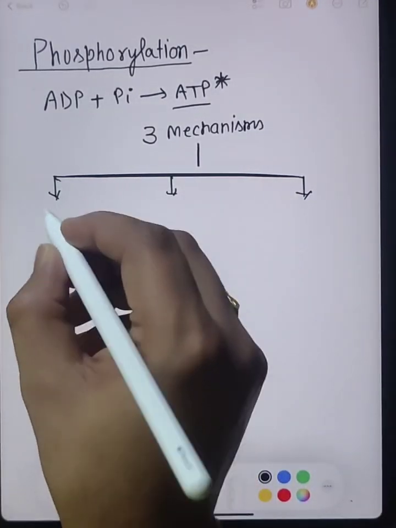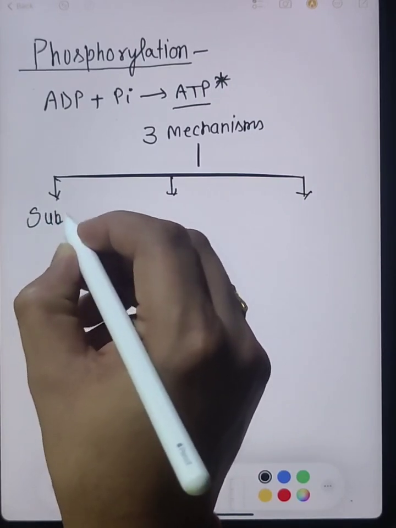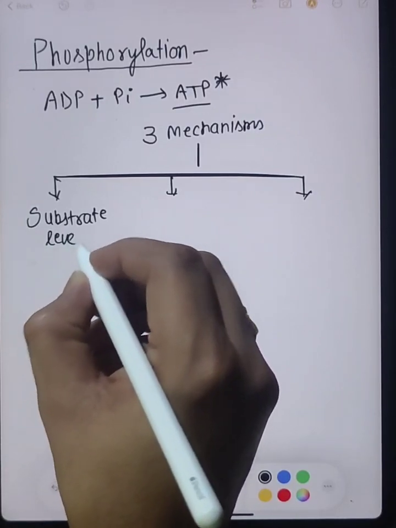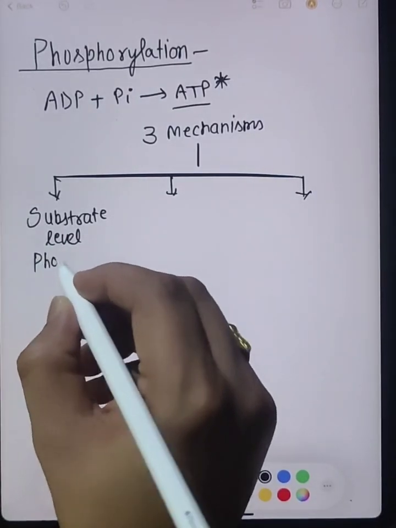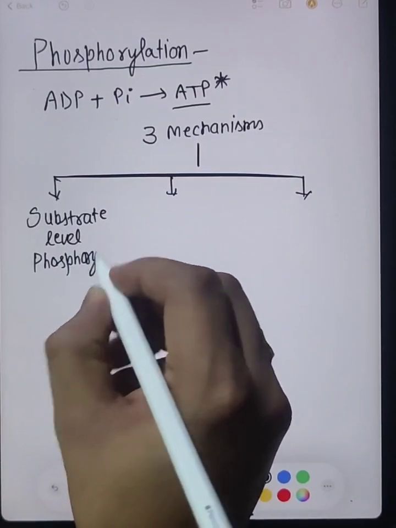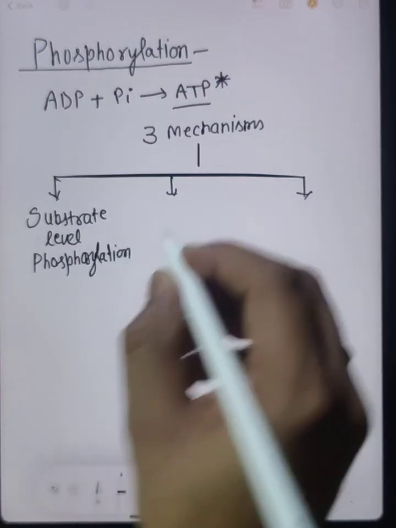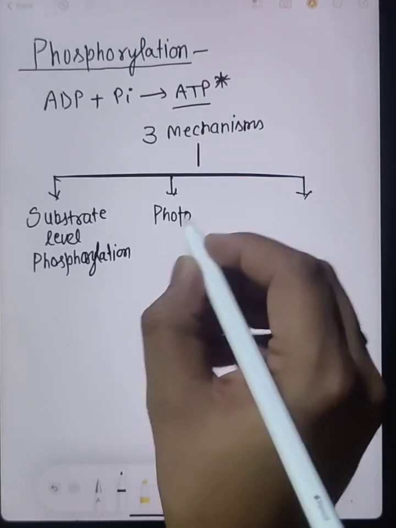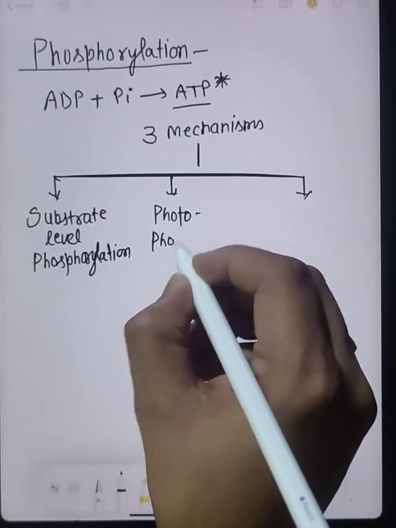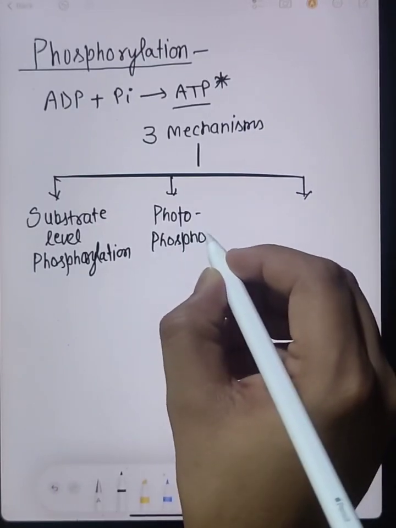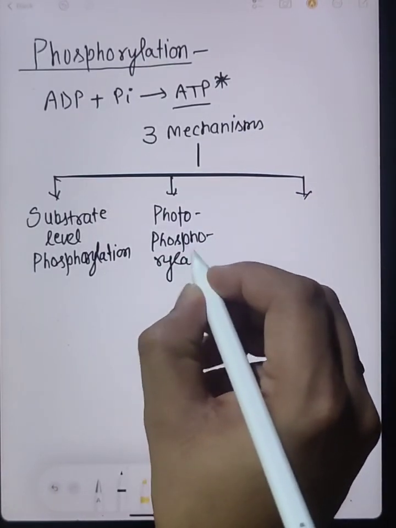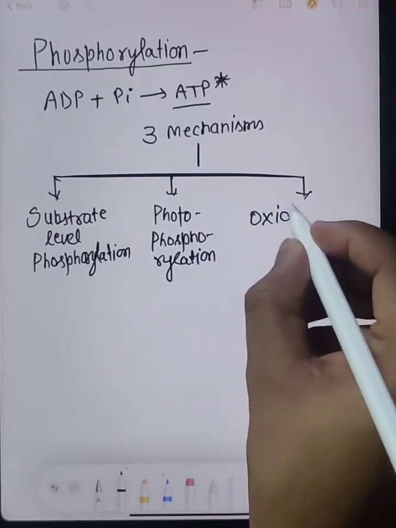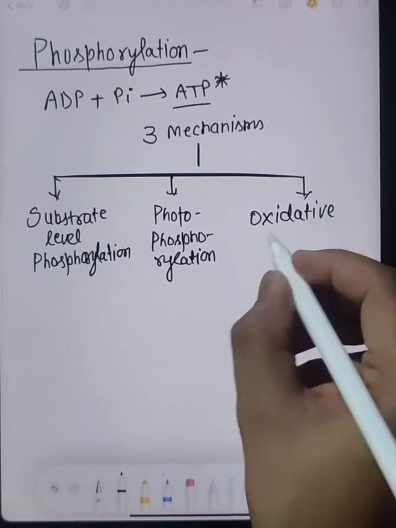First is called substrate level phosphorylation. Second is called photophosphorylation. And the third one is called oxidative phosphorylation.